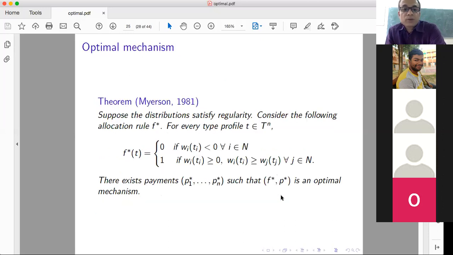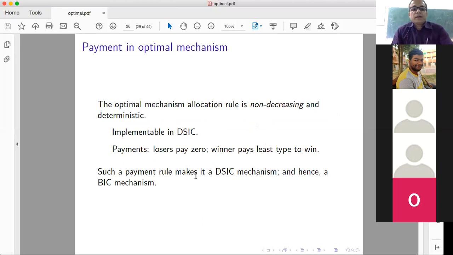So that's a stronger property, and what that allows us to do is to derive what the optimal allocation rule is, which is that under regularity, we have this rule that the highest non-negative virtual valuation guy wins, and the payments can be determined as follows. Because the allocation rule is non-decreasing and it is deterministic, we know that this allocation rule can be implemented by a DSIC mechanism.